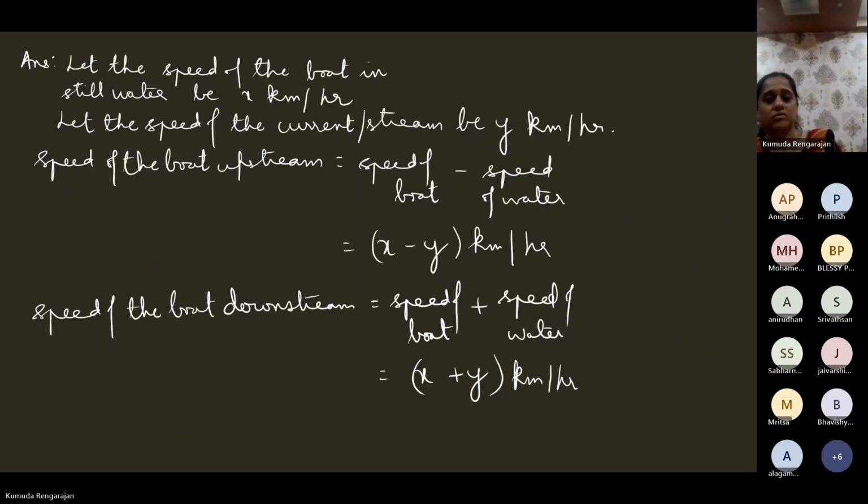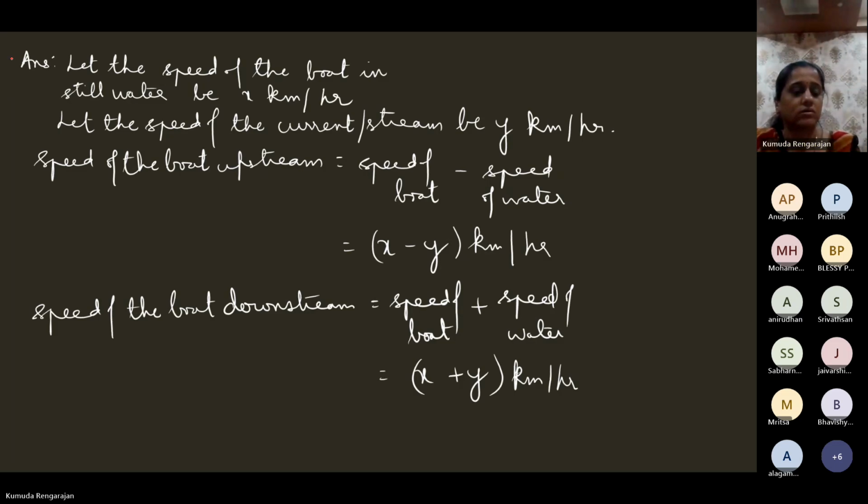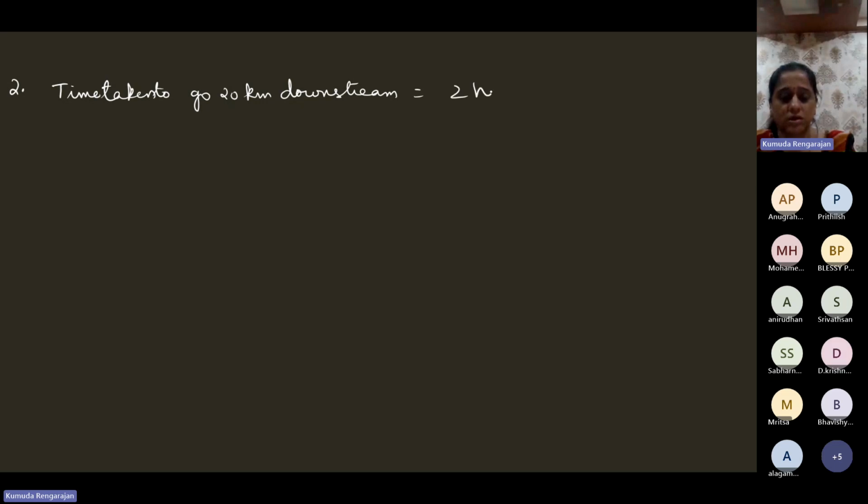Same assumptions for the second one, but the information is: time taken to go 20 kilometers downstream is equal to 2 hours.